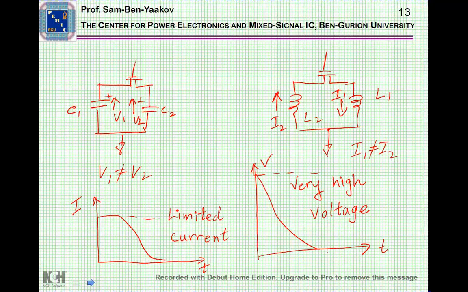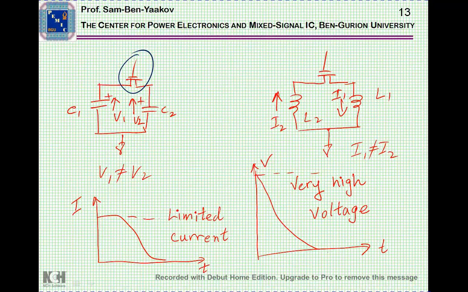So let's just say a few things about the practical differences between the two cases. Now, usually these days, the connection between, say, two capacitors will not be with a mechanical switch, rather it'll be an electronic device, say a MOSFET transistor. Now, if you connect two capacitors of different voltage with the MOSFET transistor, there is a limitation of the current.